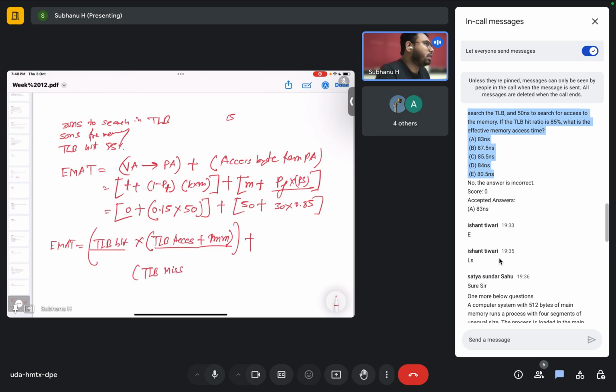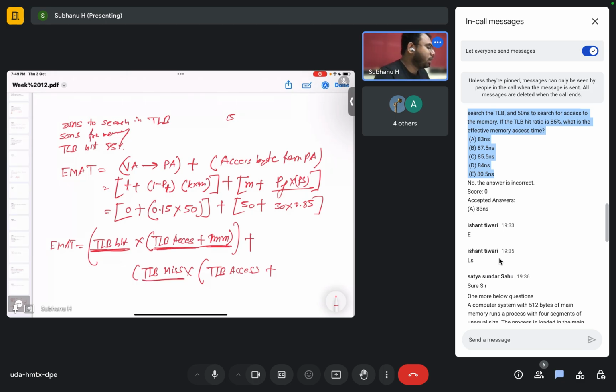So if I miss the TLB, then what do I have to do? I have to add TLB access time, because whenever I miss, of course I have searched the TLB, so that's why. Okay, so if I hit the TLB, so my memory is present in the TLB, then I will go to TLB and I will go to main memory. So this is the thing.